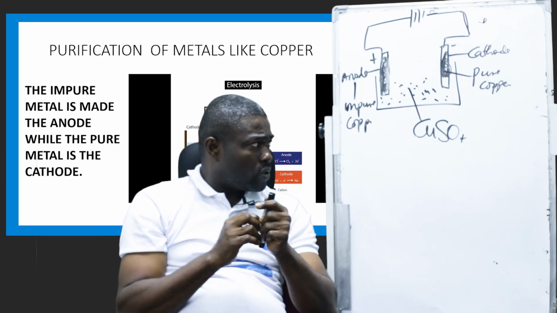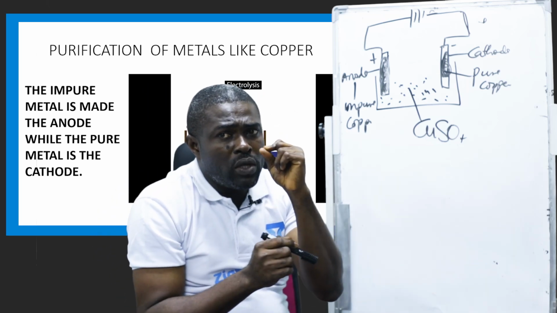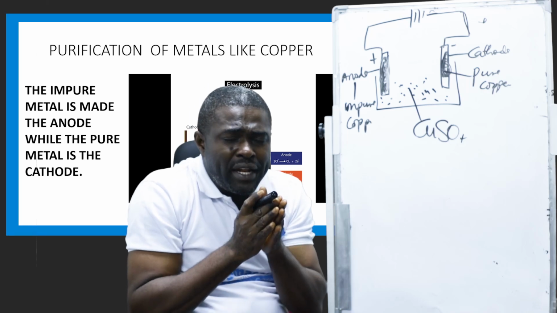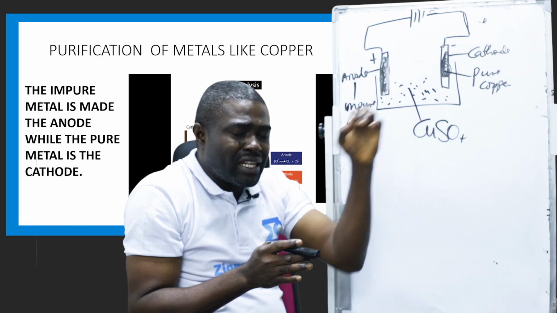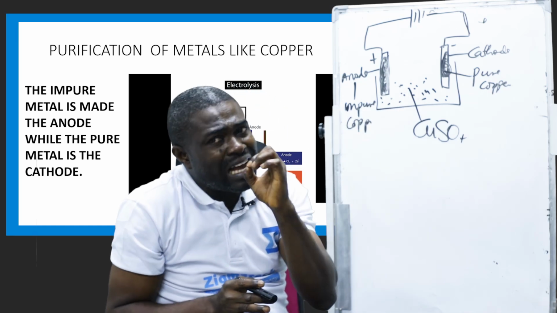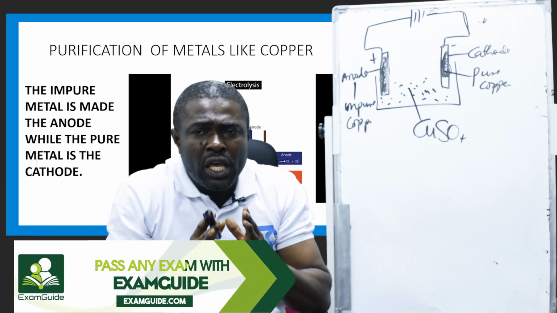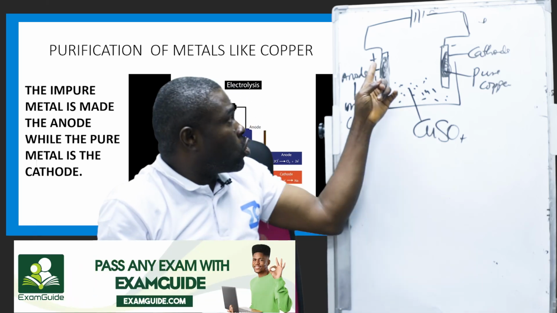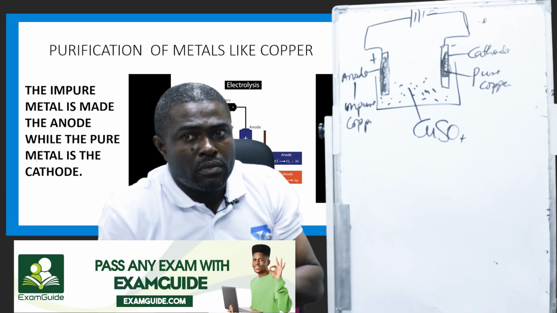How does it work? If you understood what we did before, when the electrode is active, when the electrode here is not graphite, not carbon, and not platinum, these three are inert. In as much as what is there is copper, though impure, it is an active electrode.